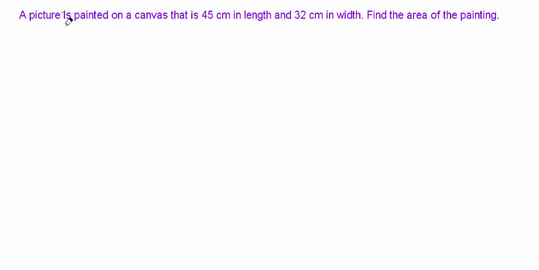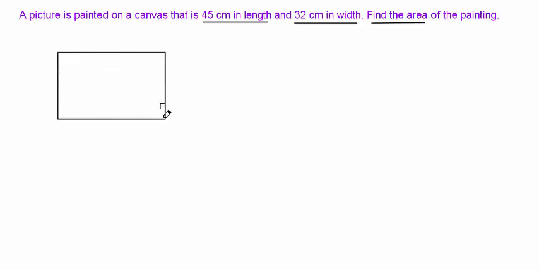A picture is painted on a canvas that is 45 centimeters in length and 32 centimeters in width. Find the area of the painting. So we have a canvas that's rectangular in shape, and the length is 45 centimeters. The width is 32 centimeters, and to find the area, we simply multiply the length with the width.